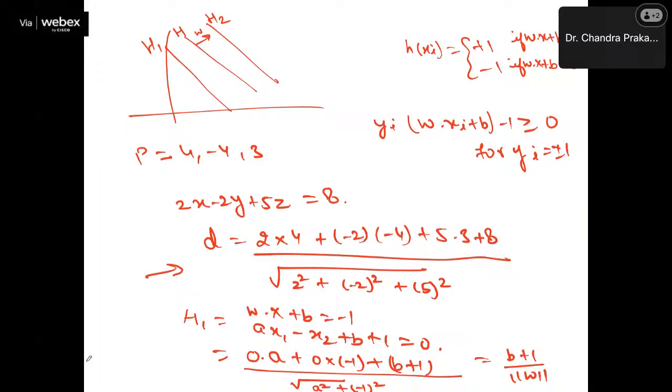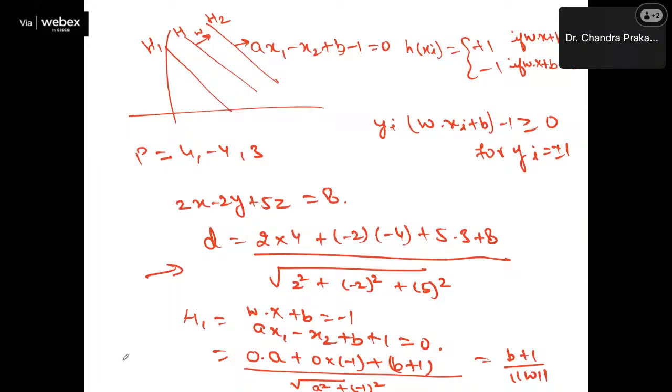Similarly, we can calculate for the other hyperplane h2, where h2 is a x1 minus x2 plus b minus 1 equal to 0.